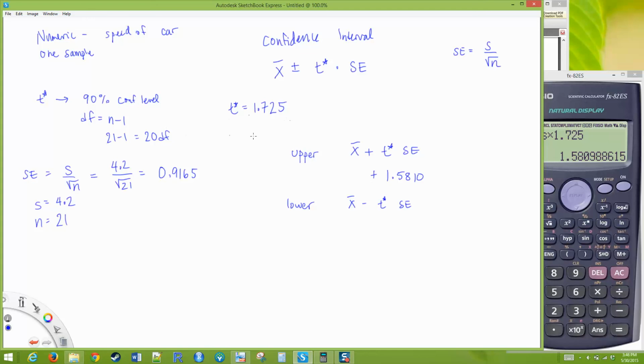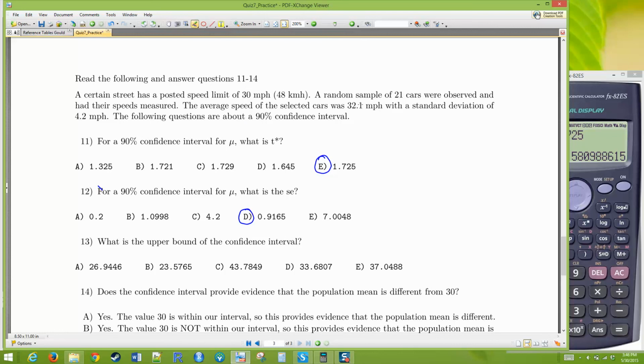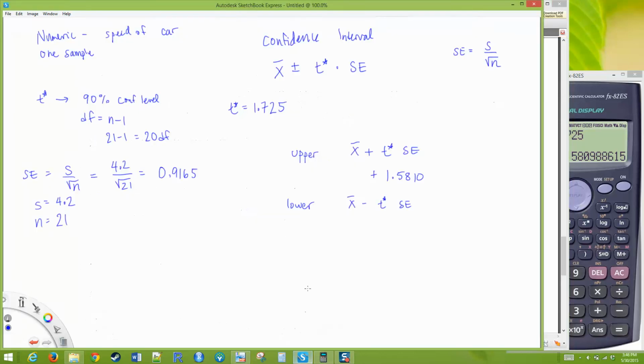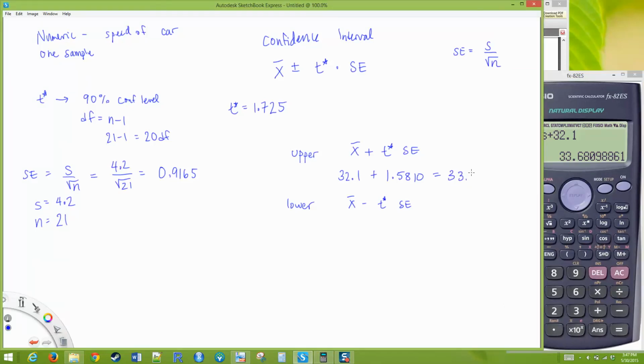And x bar is the mean of our sample. The mean of our sample is 32.1. So I'm going to use x bar, 32.1, plus 1.5810. So we're going to add 32.1 to that, and I get 33.681.